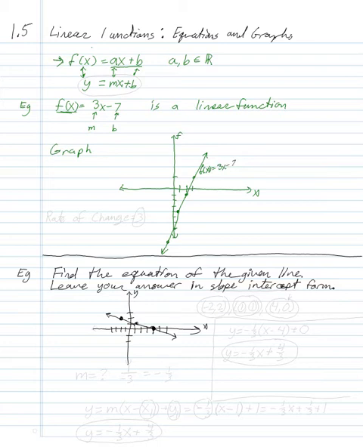Now, if this function represented actual physical quantities, or even less concrete quantities, such as money, we could identify the rate of change as being 3. Our slope.